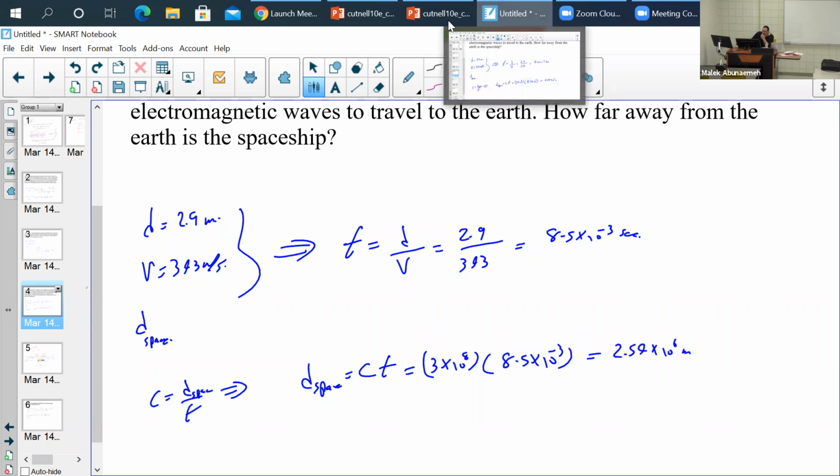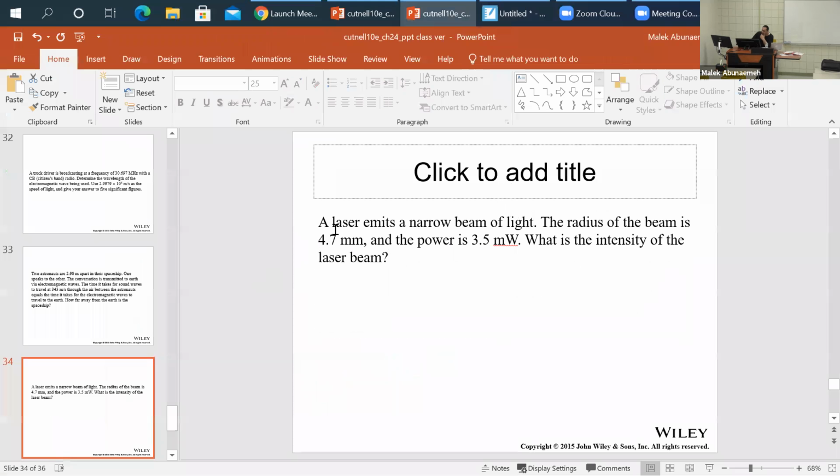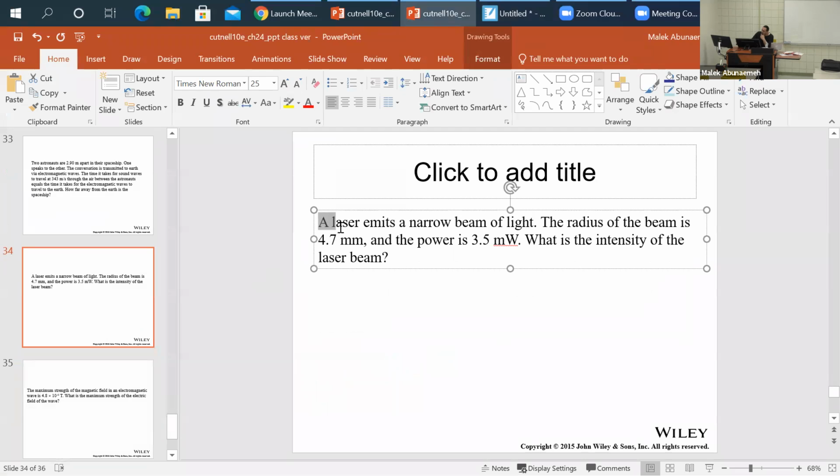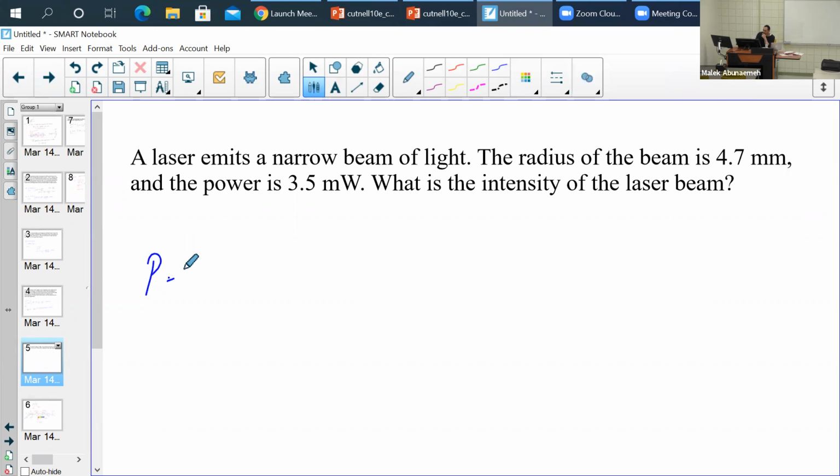All right, let's do a question about intensity, shall we? So let's say a laser emits a narrow beam of light. The radius of the beam is 4.7 millimeters, and the power is 3.5 milliwatts. What is the intensity of the beam? Your power in this case was 3.5 milliwatts, which is 3.5 times 10 to the negative 3 watts.